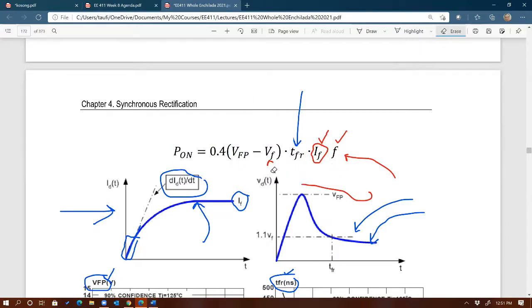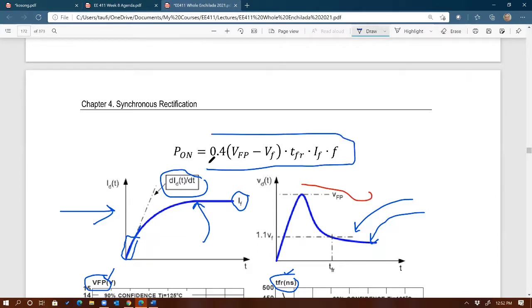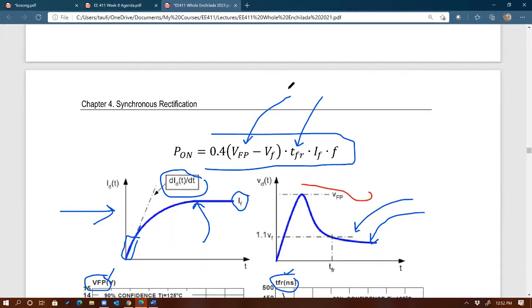So again, let me erase it because it's getting crowded. All right. So for this equation, what I'm saying is that there are two ways to get VFP and TFR. Using rough estimation, just use the table that is provided by the manufacturer's datasheet. That would be the easiest way. Just use those values, but those are only true for certain conditions.